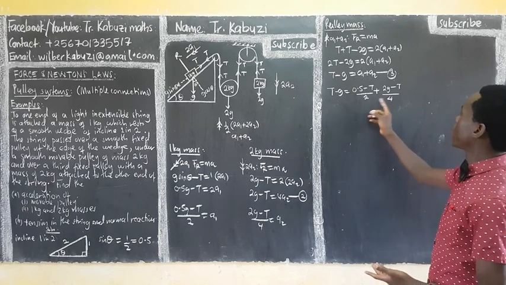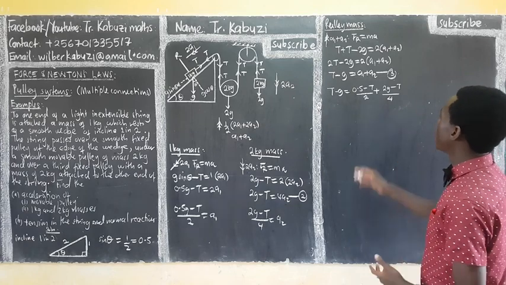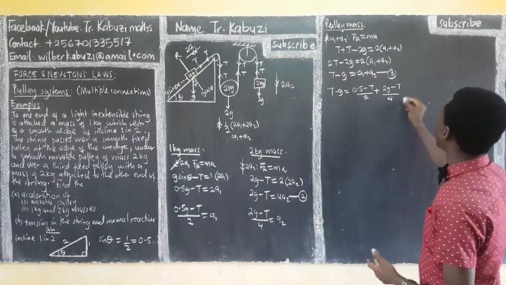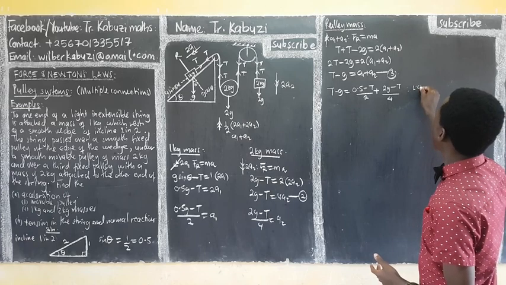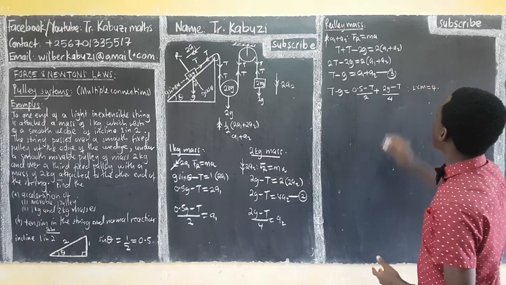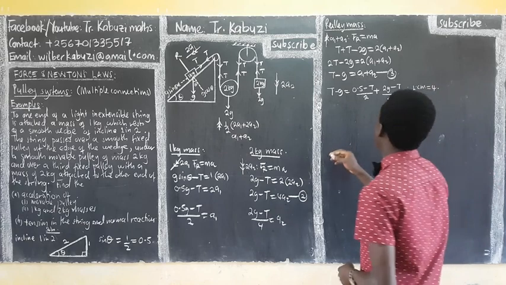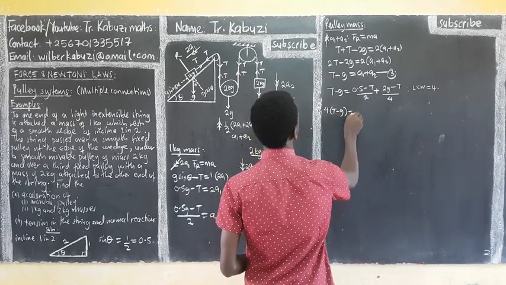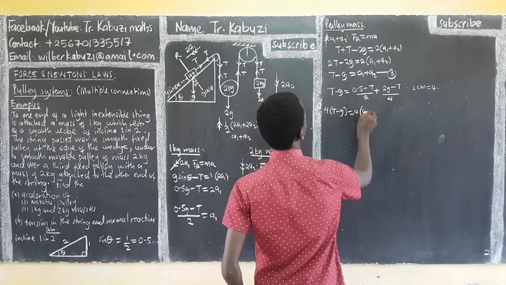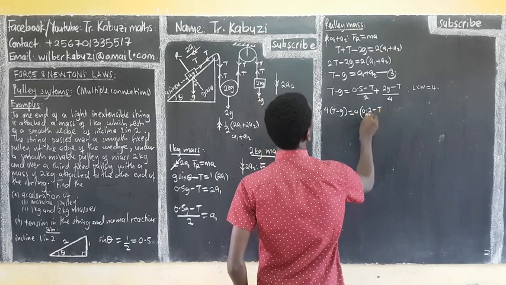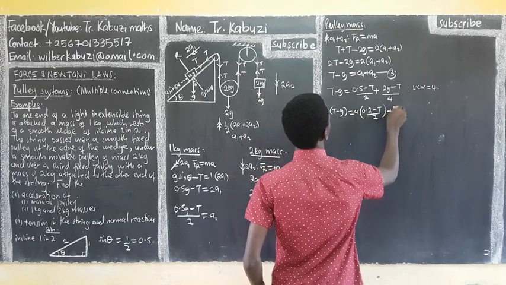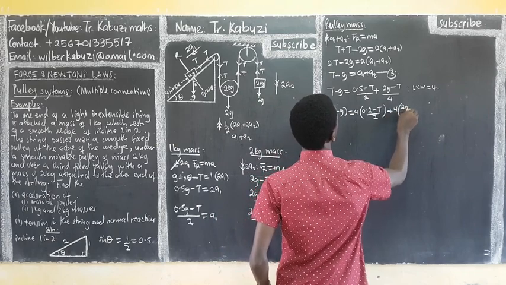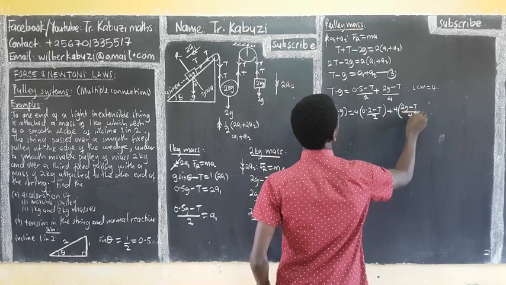But if you don't want, you can just briefly multiply this and this. So you multiply through by the LCM, and you shall have 4 into 2T minus B equals 4 into 0.5B minus T over 2, plus 4 into 2B minus T over 4.